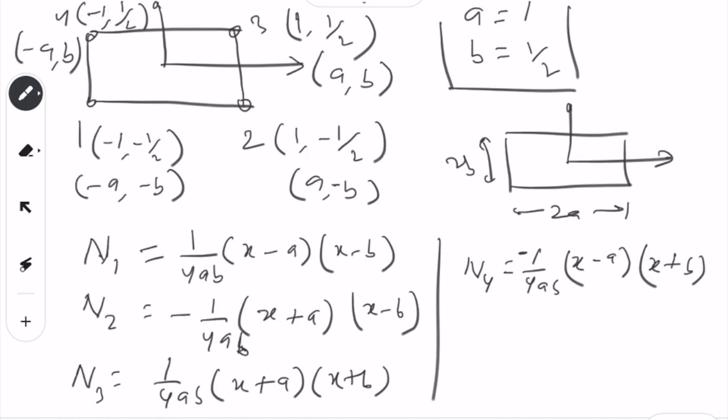Okay, so if we put this value minus AB here, so minus A and B, you get minus 2A multiplied by 2B, so minus 4AB, so it will be 1. So we got all these N's.